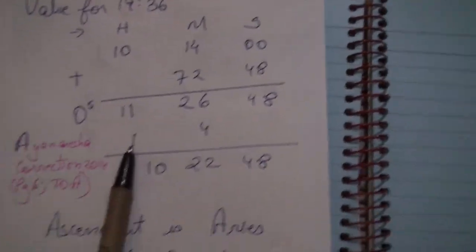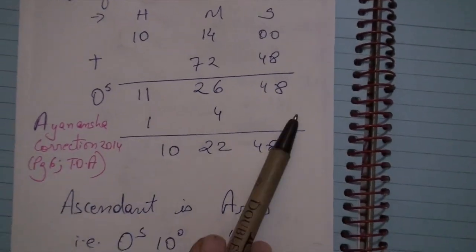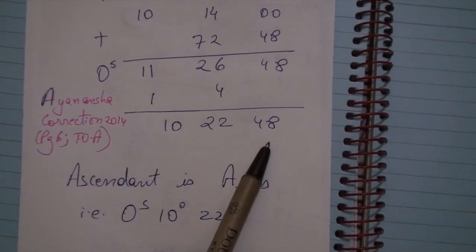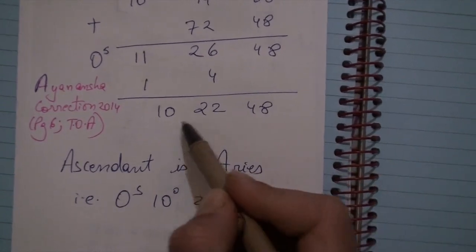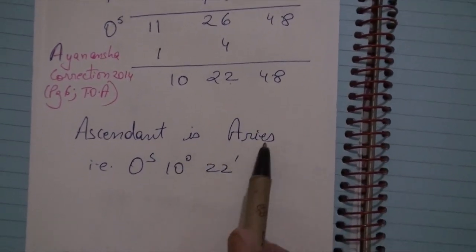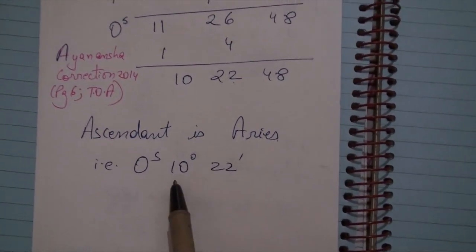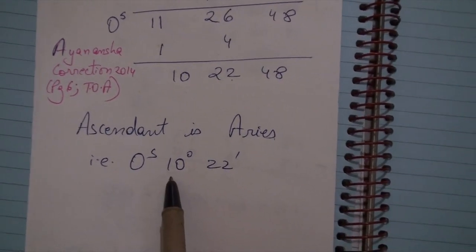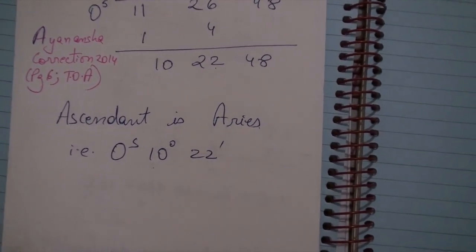So when we subtract this from the above figure, we get the value for the ascendant, that is 10 degrees 22 minutes. So the ascendant is Aries, and the degree at which the ascendant is rising is 10 degrees 22 minutes.